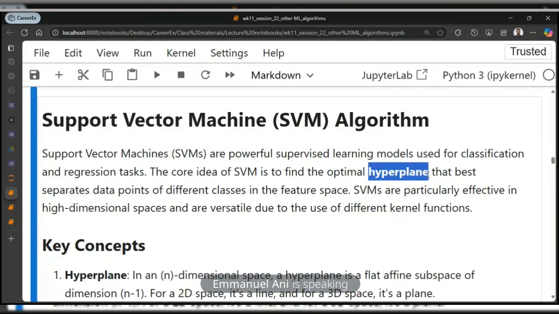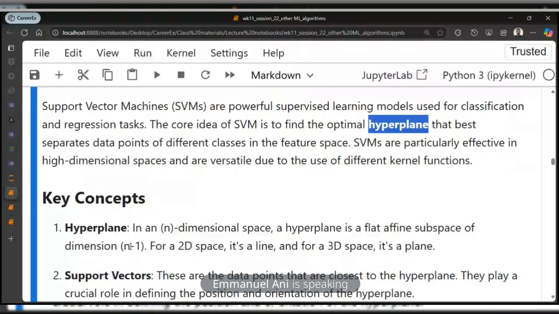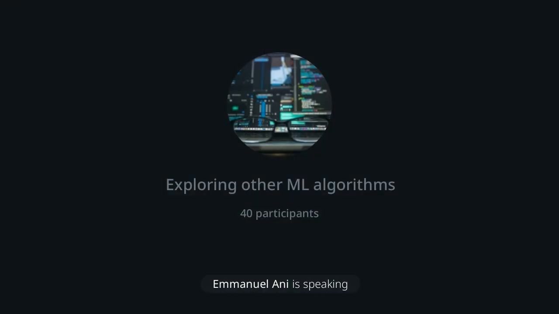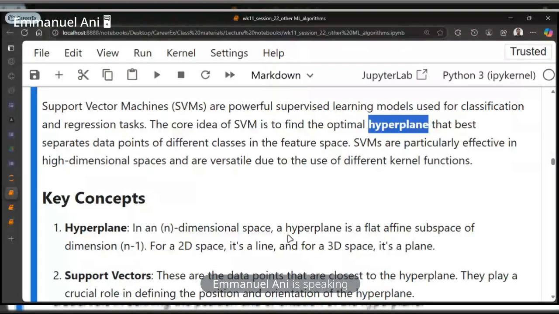What exactly is a hyperplane? A hyperplane, as you can see here, is a plane of lower dimension in your feature space. Now, what we call feature space is an imaginary space where all your features are represented.